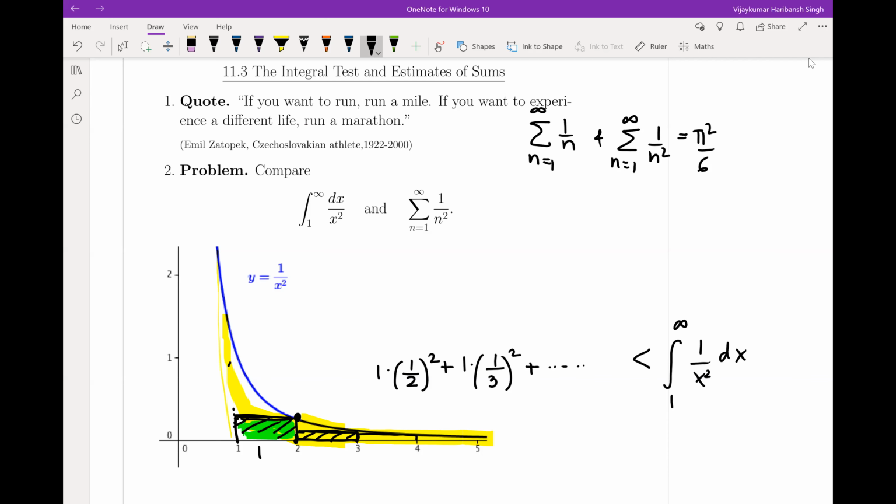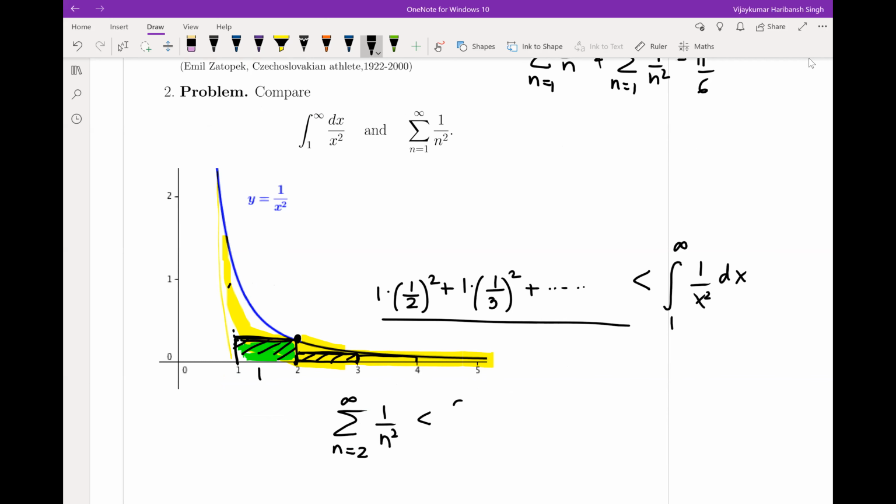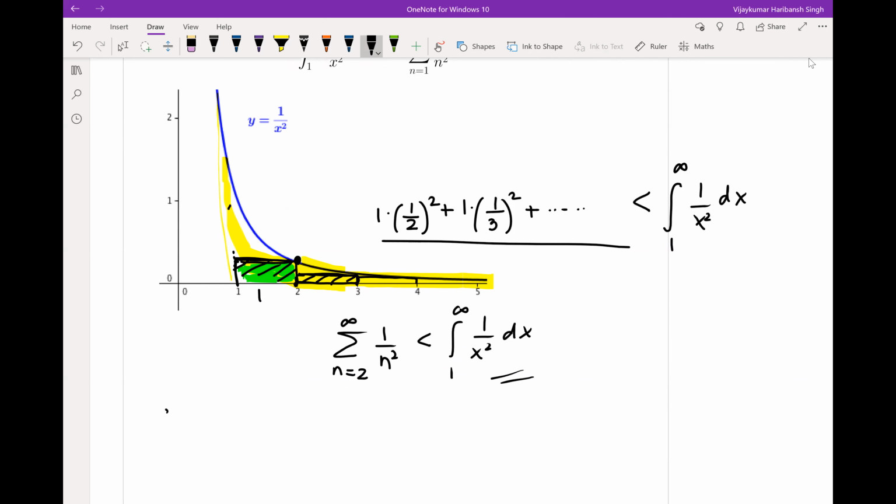Now, if you identify this, this can be written as summation n equals 2 to infinity 1 by n square, that is less than the integral from 1 of 1 by x square dx. So let's evaluate this integral first. This integral is an improper integral of type 1.